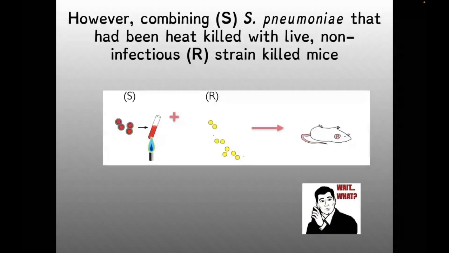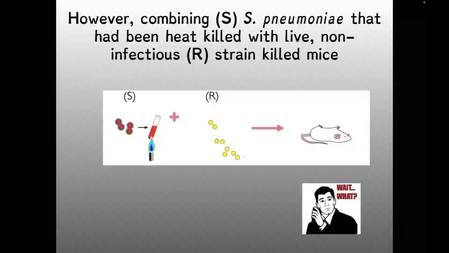So again, this is the heat-killed S or pathogenic strain, which shouldn't have any living cells, mixed with the living cells of the R strain, which is non-pathogenic. And again, this somehow leads to the same signs that a mouse would have if it was infected with the live S strain.